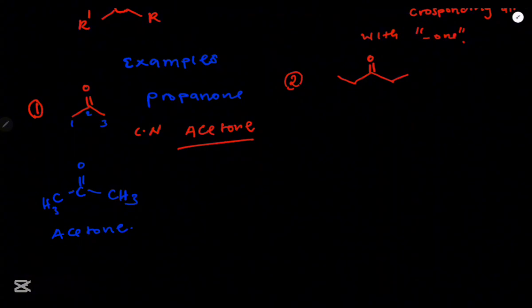We can start from either side, from here or this side, because the carbon chain is equal. So start from here: 1, 2, 3, 4, 5. That is pentanone, but we are now going to recognize the position of our oxygen function group. So this qualifies to be called 3-pentanone. Very simple. 3-pentanone.